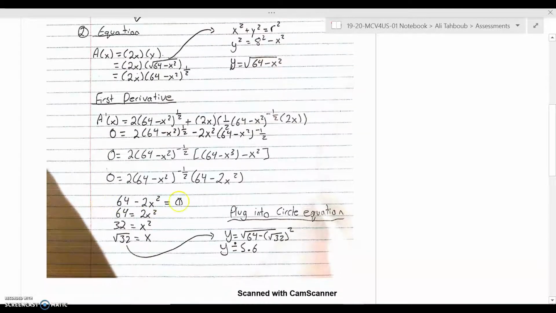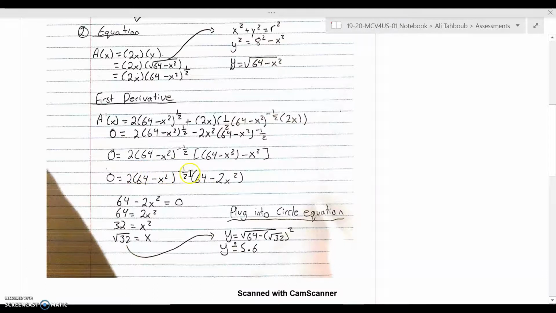So to start off, I wanted to find what makes this part of the function 0. I realized that it's undefined, since it's to the power of negative 1/2, so the derivative of this section will just be undefined. Or sorry, there is no 0 on this part of the equation.